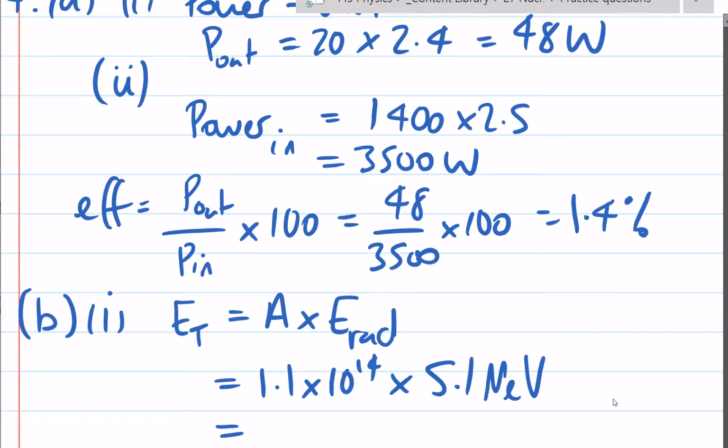They want it in joules, so we times that by 1.6 times 10 to the minus 13 joules, because it's MeV.